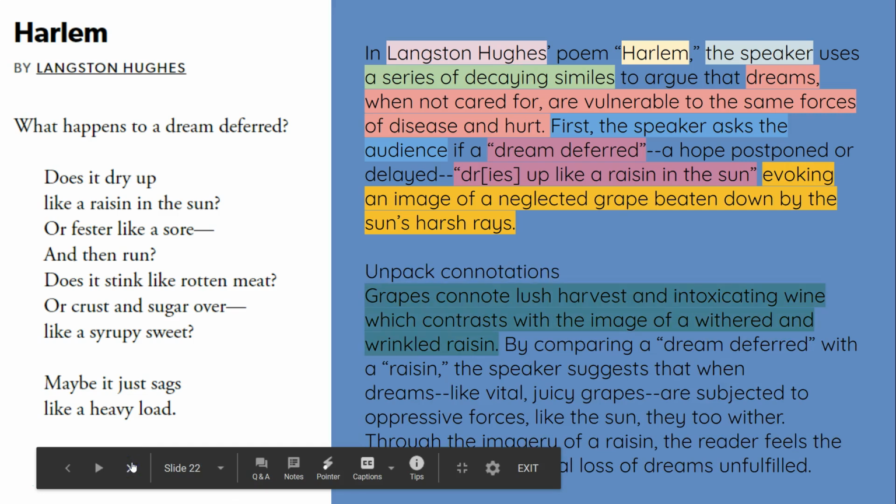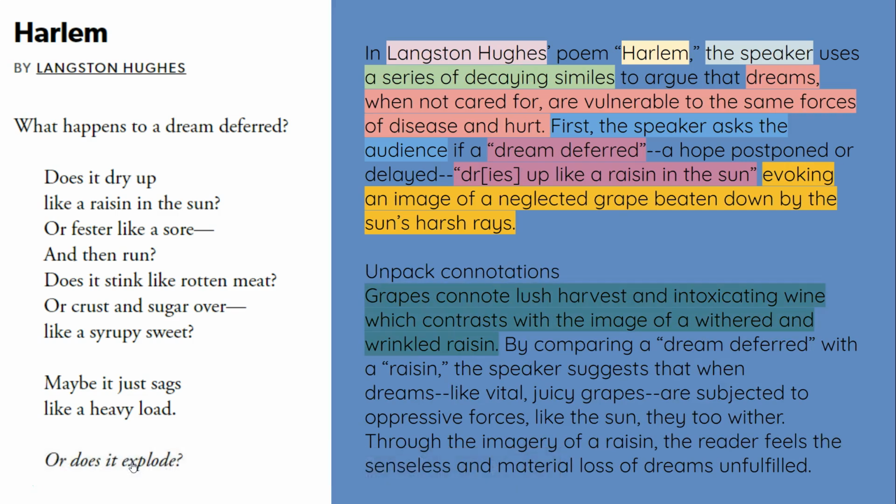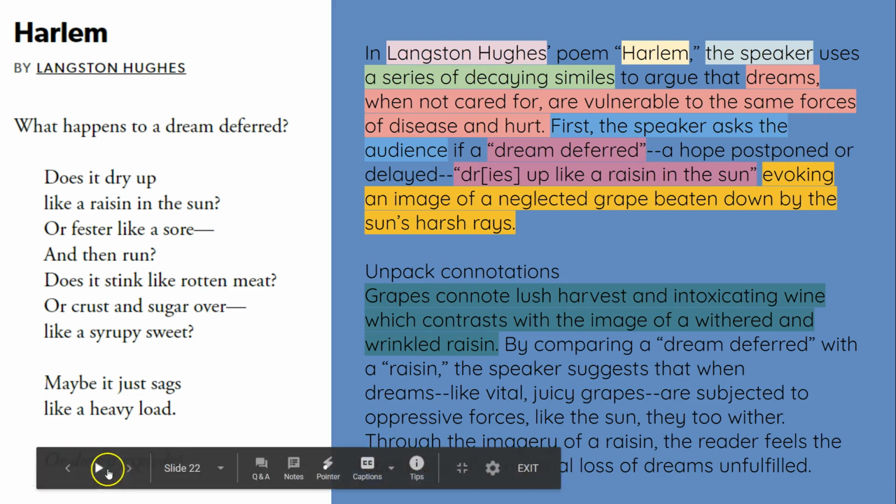So the first part of my commentary is just unpacking the connotations of some of these images of grapes. When we think of grapes, we think of prosperity, harvest, wine, and then the difference between grapes and a raisin. A raisin connotes something that is smaller, something that is hollowed out, something that is wrinkled and not as prosperous.